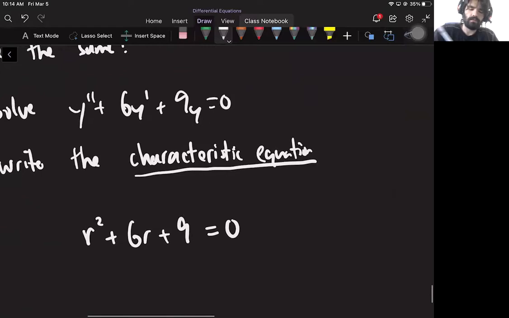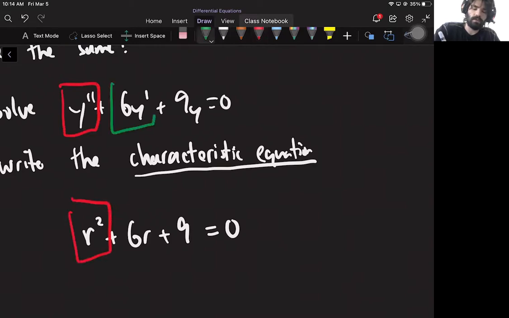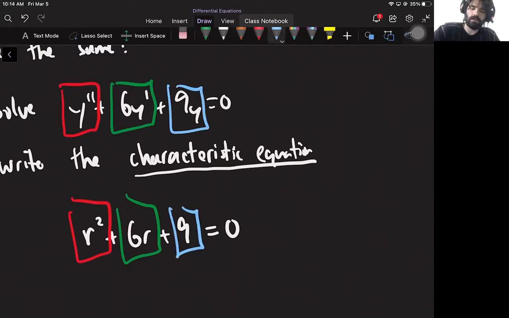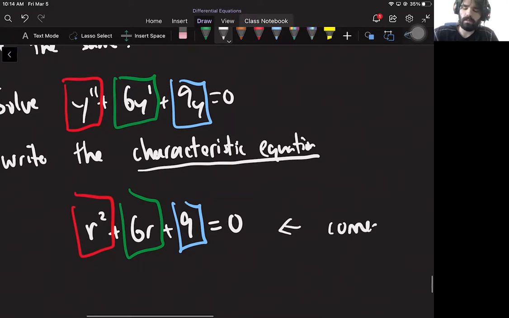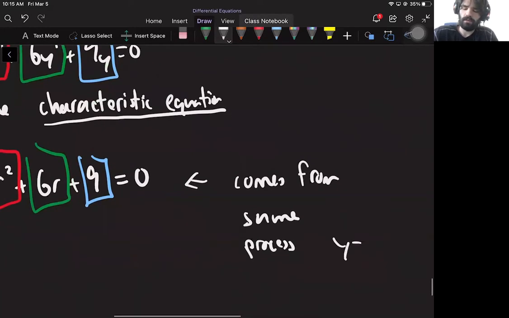So notice the correspondence between these terms. That's really what's going on. You just look at your differential equation and you rewrite it with r's and the same numbers, basically. And where does this come from? It comes from the same process as before, meaning you do this, but it turns out to always work the same every time.